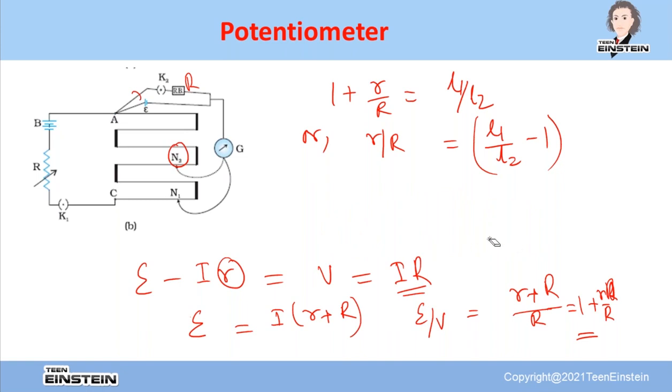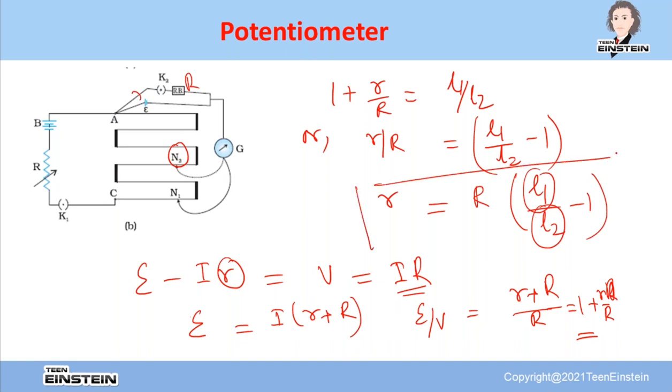If I simplify a little, the internal resistance small r is equal to capital R, which I know from the resistance box, multiplied by (L1 minus L2) divided by L2. L1 and L2 are the lengths of the wire where we get the null or no deflection condition. So using this formula, you can easily find the internal resistance of the given cell.